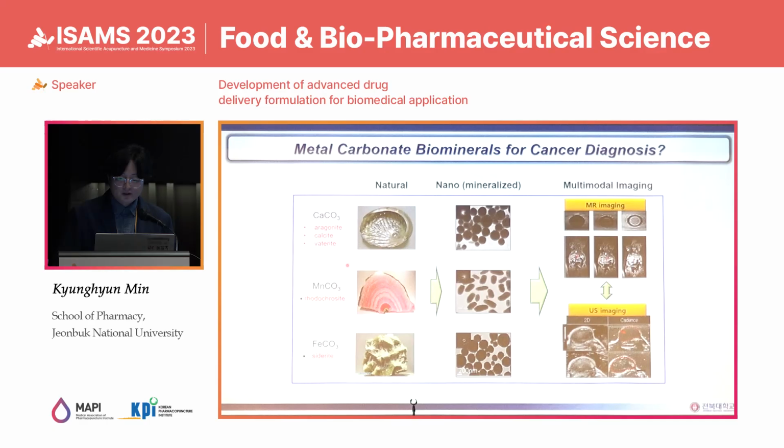And we can classify additional carbonate biominerals. Based on biomimetic mineralization, we have developed various nano-sized mineralized nanoparticles and suggest their application as a contrast agent for MR-US multimodal imaging.